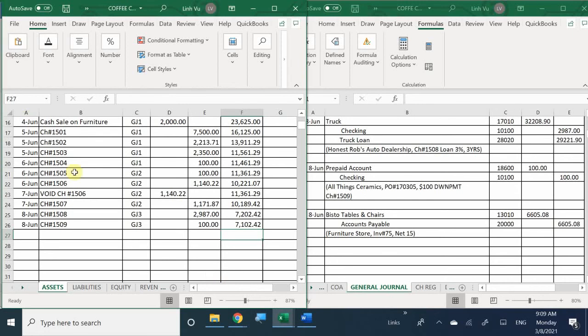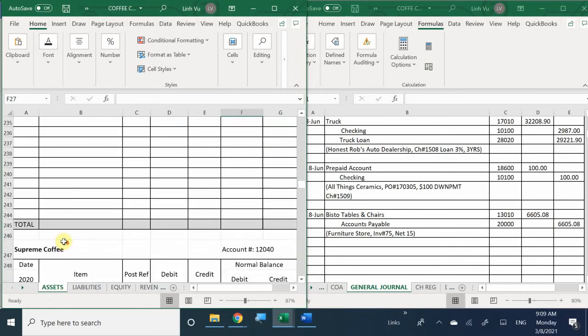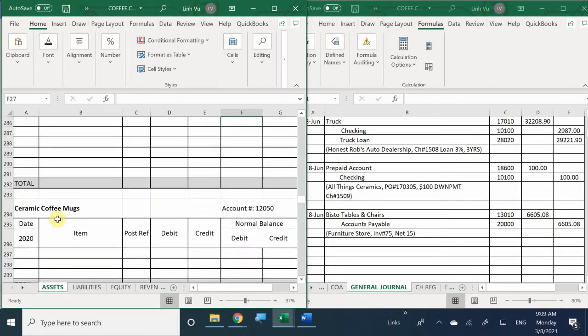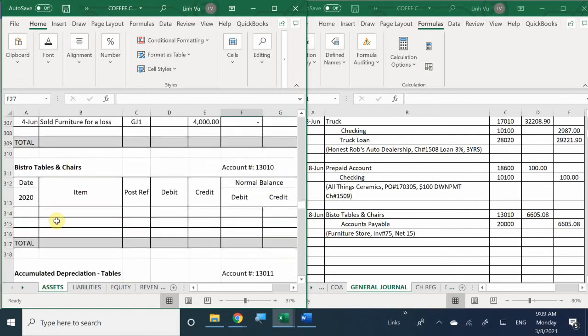So here, first thing I have is the bistro tables and chairs. So assets, it's going to be under furniture. Okay, so here we are at furniture. First thing I see here under furniture is going to be my bistro tables and chairs. But here I'm actually going to write that I have 10 sets.